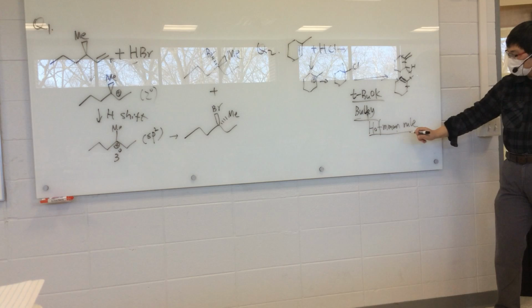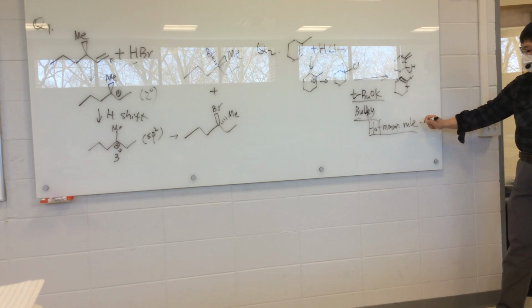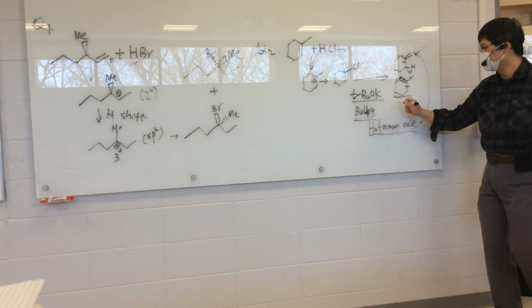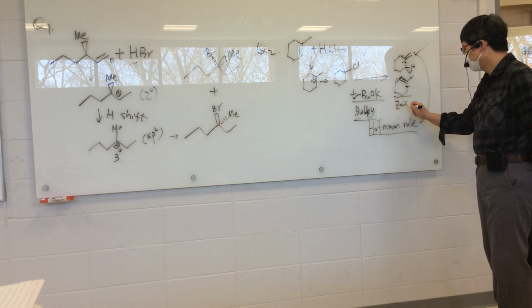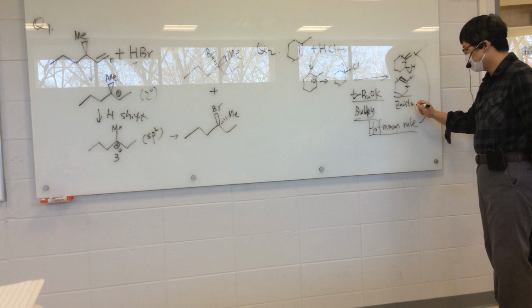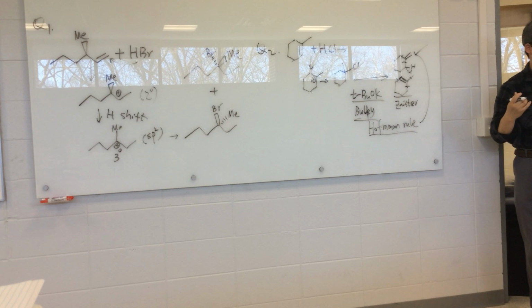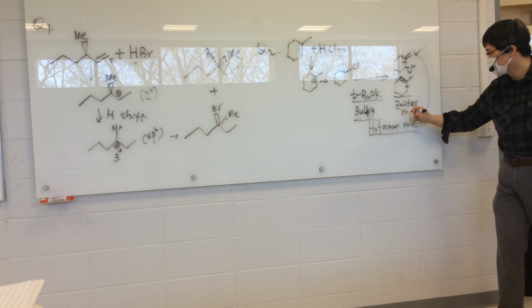And then according to Hoffman rule, this will dominate. And this is what is Zaitsev rule. Or maybe, I think, something like that. Yeah, this is Zaitsev rule.